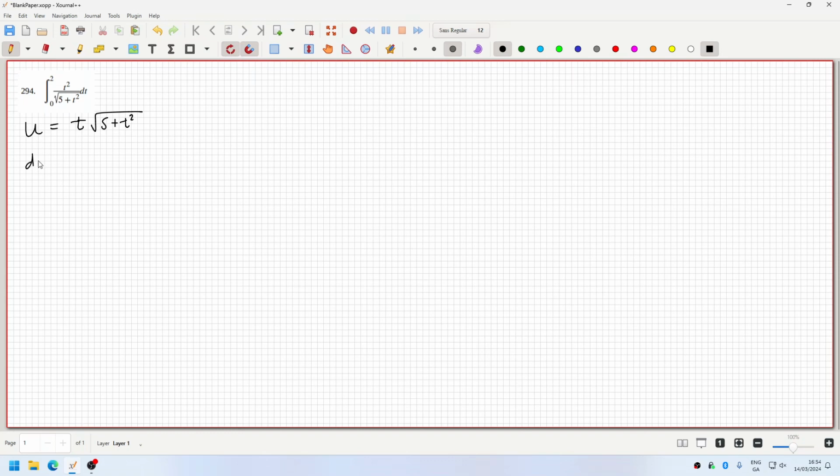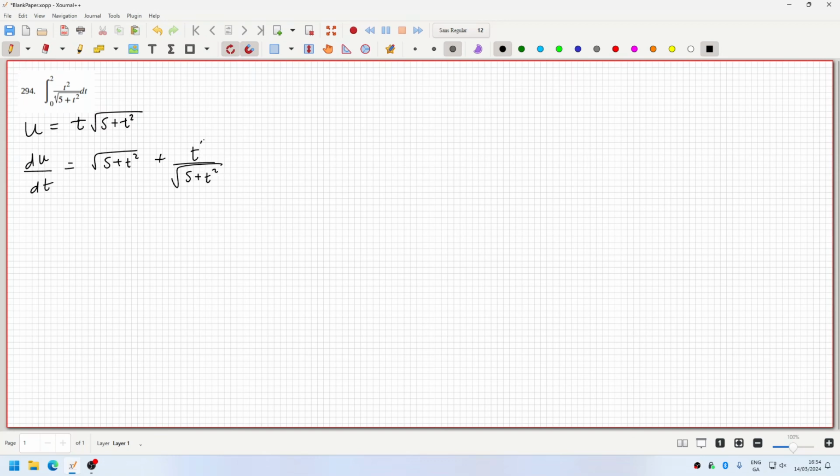So, du dt would be root 5 plus t squared plus t over root 5 plus t squared.